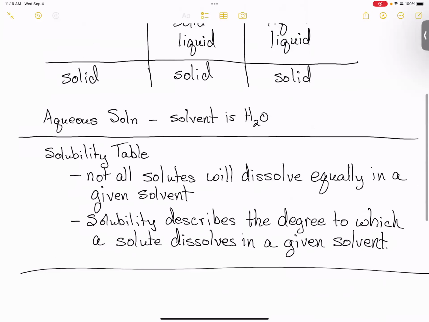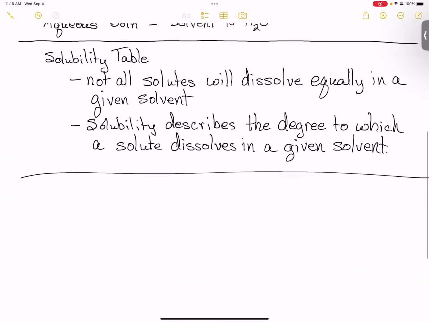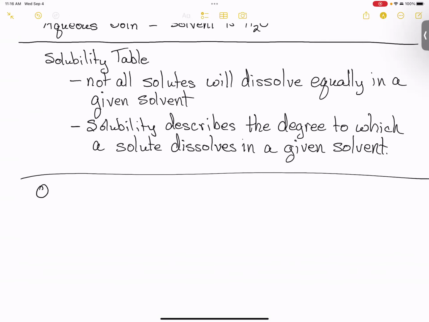Now, the solubility table was but one example where a solute does not dissolve in a given solvent to any appreciable amount. So let's look at the qualitative determination of solution formation.